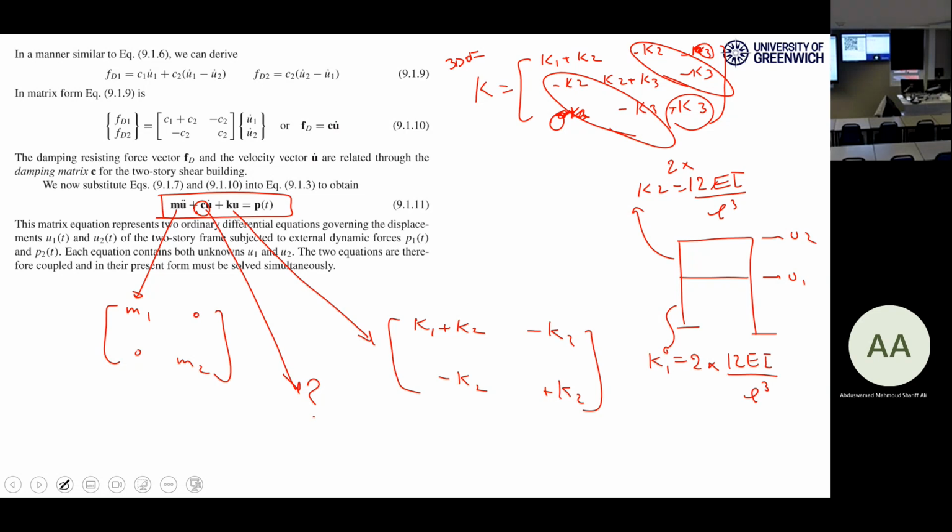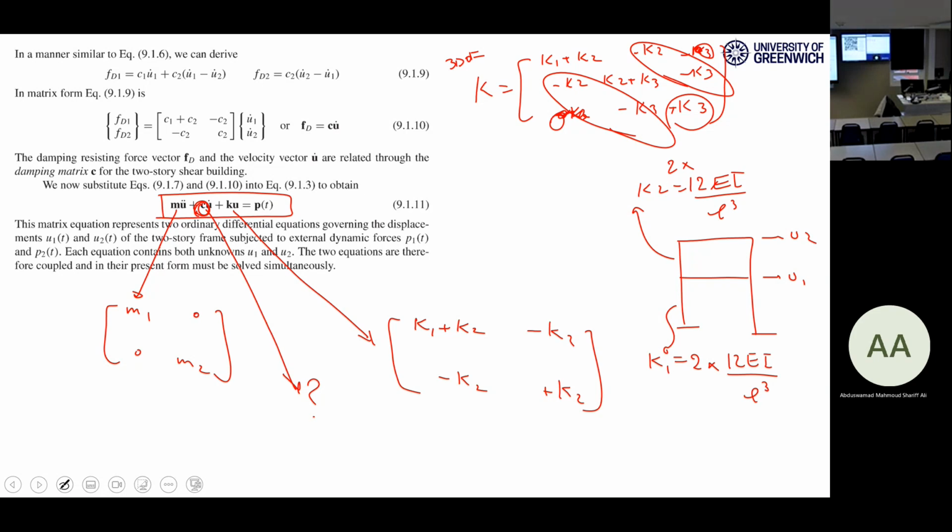And usually the simplification is that we assume this C matrix is a combination of the mass and stiffness matrices. A fraction of mass plus another fraction of stiffness makes the C matrix. This is a very big assumption, but it still works in most cases.